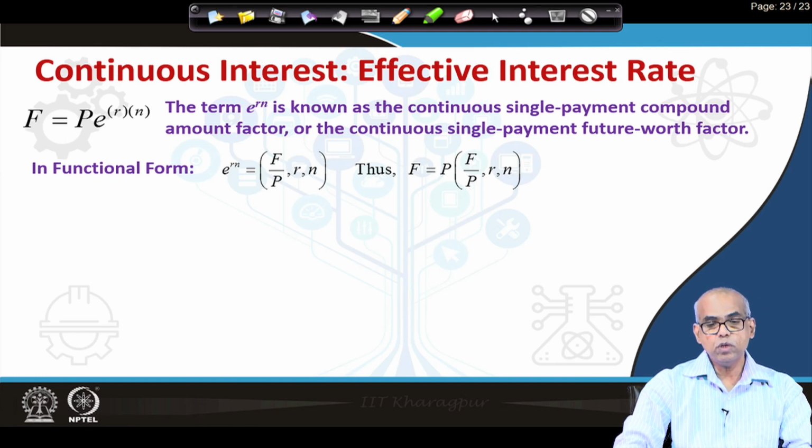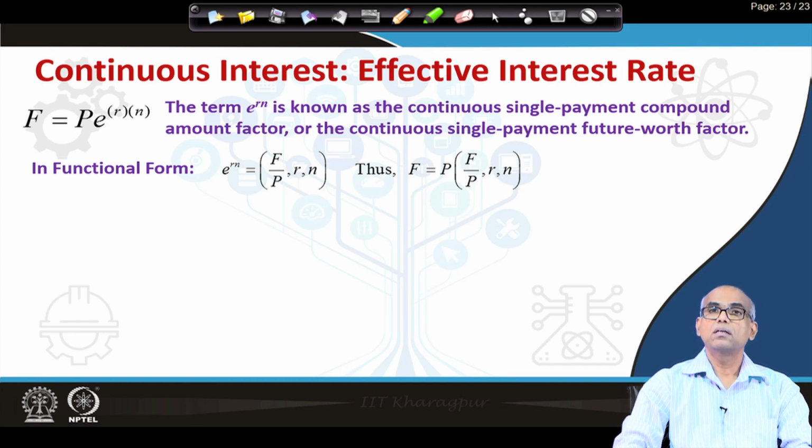Now, the term e to the power rn is known as the continuous single payment compound amount factor or the continuous single payment future worth factor. You remember we have talked about the single payment discrete compound amount factor. So, here we have the continuous single payment compound amount factor, also known as the continuous single payment future worth factor.